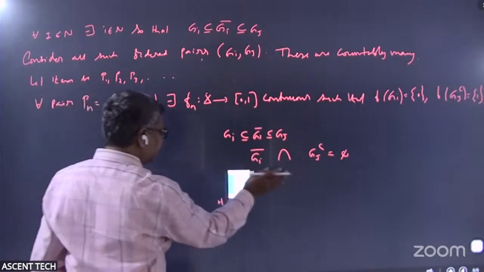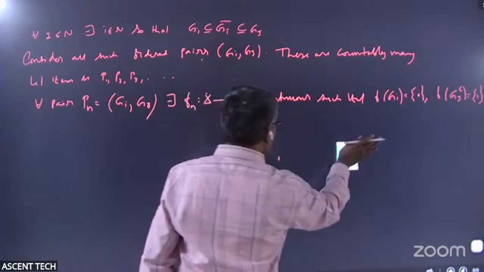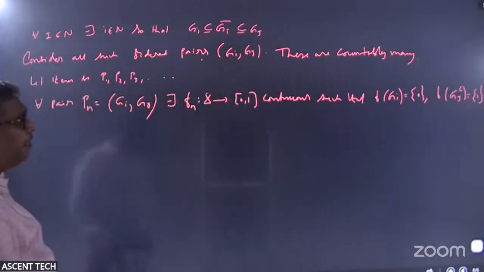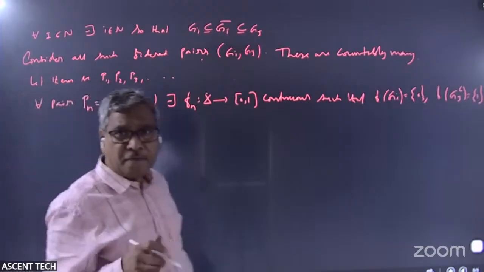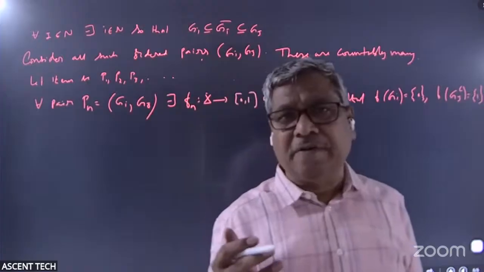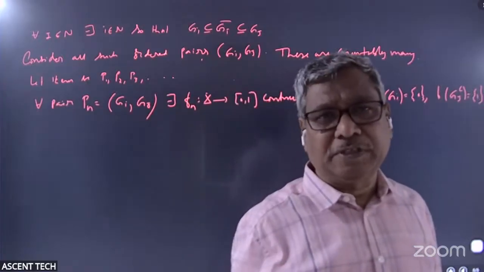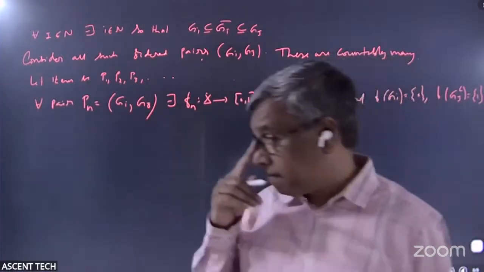For each pair Pn, I have a function Fn. So I have infinitely many functions F1, F2, F3, etc.